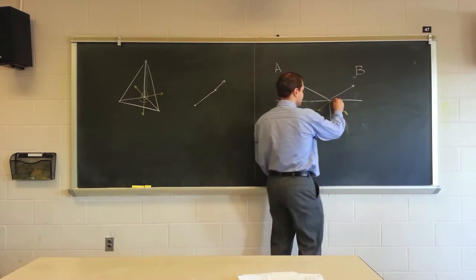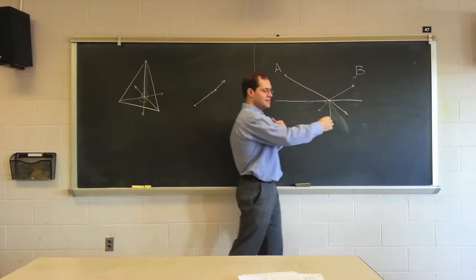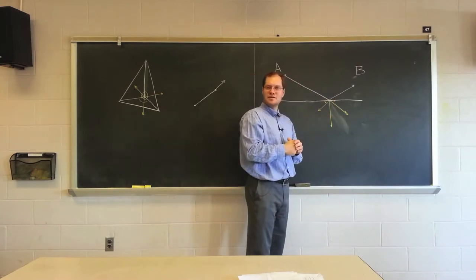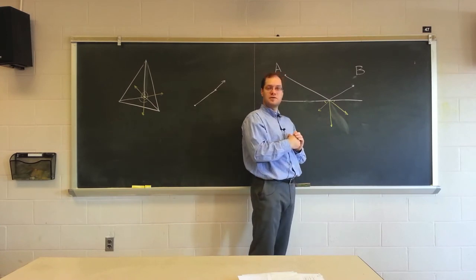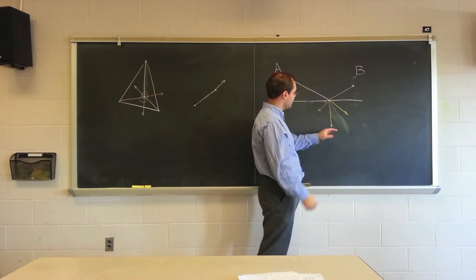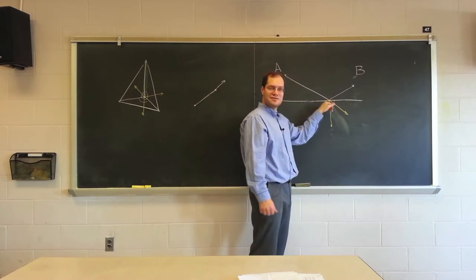Well, it'll be exactly at the point where these two angles are the same. If these two angles are not the same, then the quote-unquote horizontal components, the components parallel to the river, won't cancel each other. And calculus calls for them to cancel. So it needs to be at a point where the two angles are equal.